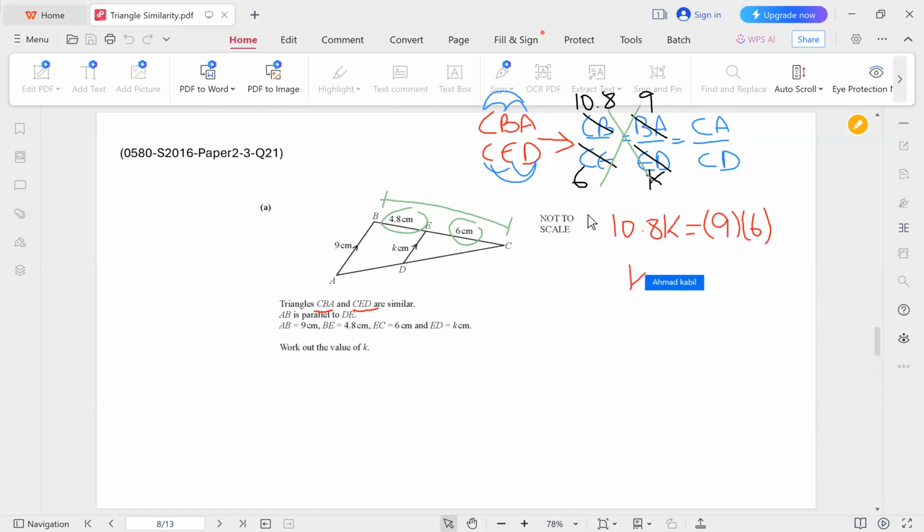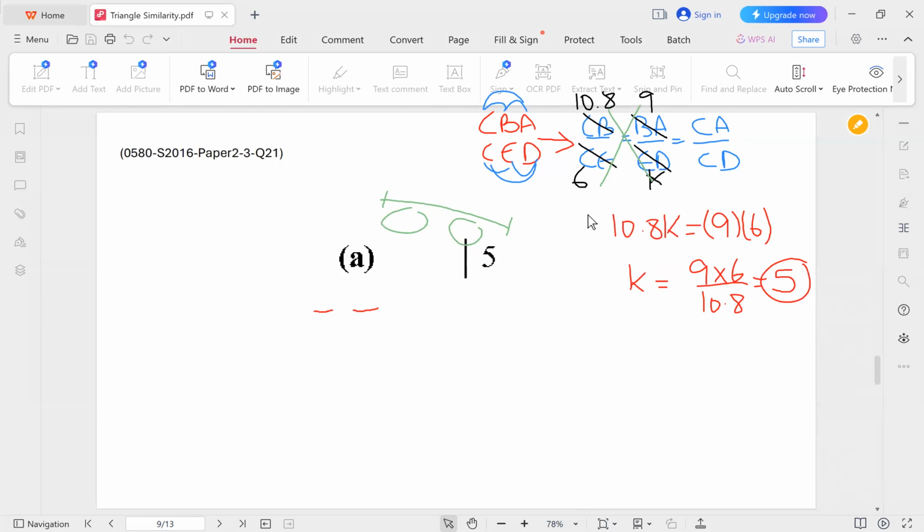So K is equal to 9 times 6 divided by 10.8. And you can use your calculator to figure this out. So 9 times 6 divided by 10.8. This gives us an answer of 5. So K is equal to 5. Let's check the marking scheme. 5 is the correct answer.